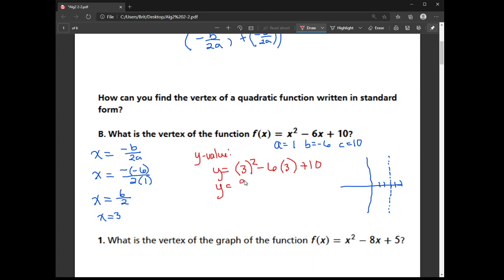Here, 3 squared is 9. 6 times 3 is 18, plus 10. So 9 plus 10 is 19, minus 18 is 1. So at the value of 1, I get my vertex.